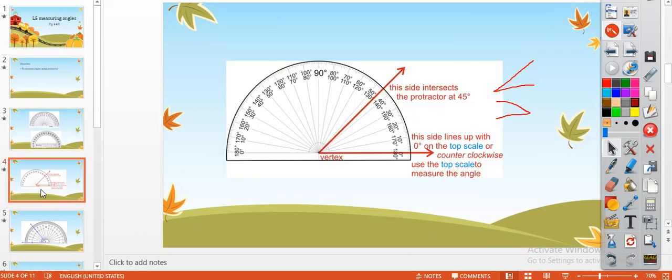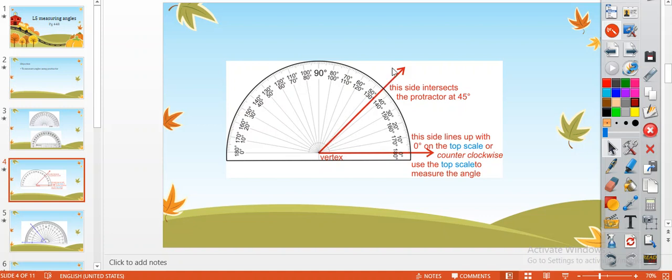So here in the protractor, when you want to measure the angle, if you have this angle here, the red one, the bottom side of the angle should be placed on the line at the bottom of the protractor, as you can see here. Then go to the line up.